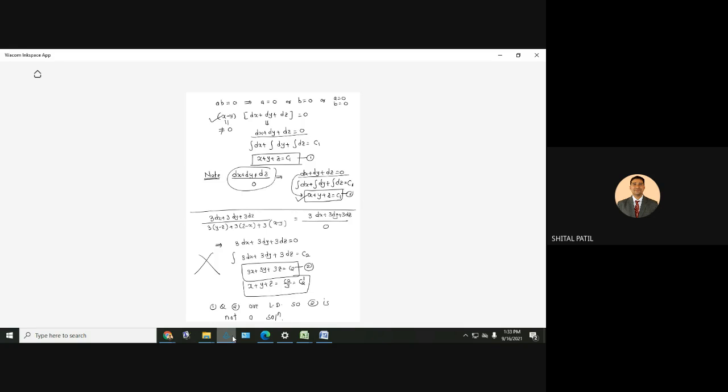If constant is one set of multiplier, 1, 1, 1 is one set of multiplier. Now we should not consider constants again. So we can consider 2, 2, 2, 3, 3, 3, 7, 7, 7, 8, 8, 8, minus 5, minus 5, minus 5.